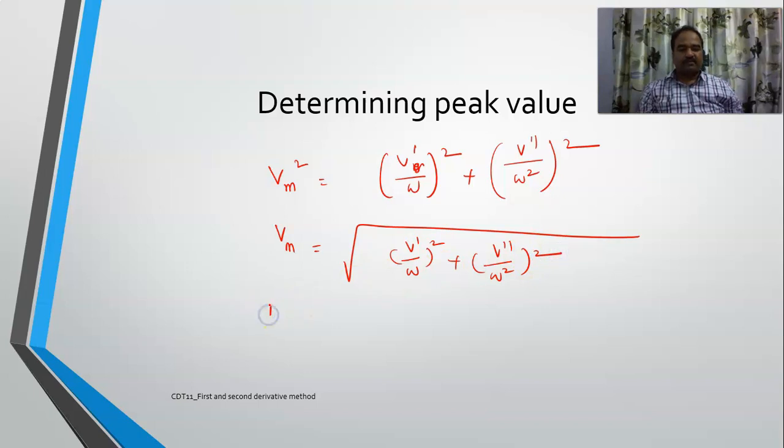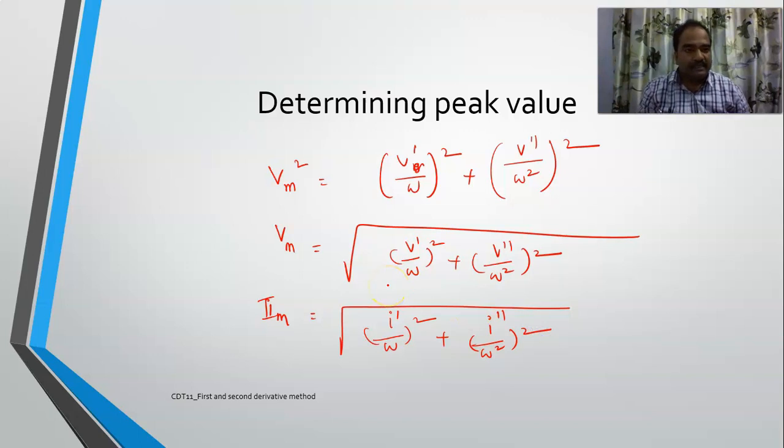So what is Vm? Vm is the square root of that. Similarly, if I know the values for Im, I can utilize these expressions for determining the peak value of the voltage signal and also the current signal.